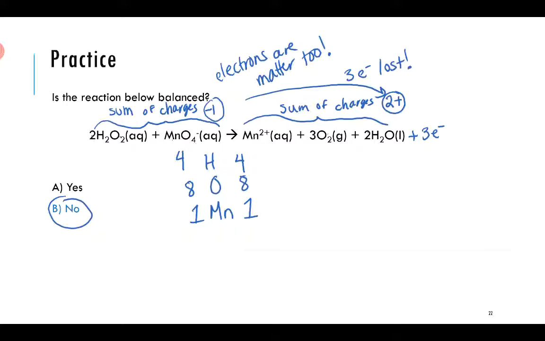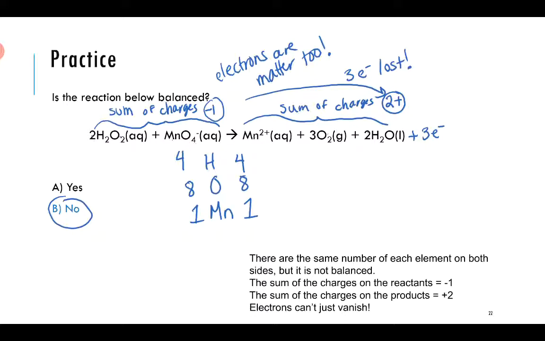We need a different strategy in order to balance our redox reactions so that we ensure that our reaction is not only element count balanced, but also charge balanced. We have to make sure our reactions are charge balanced.